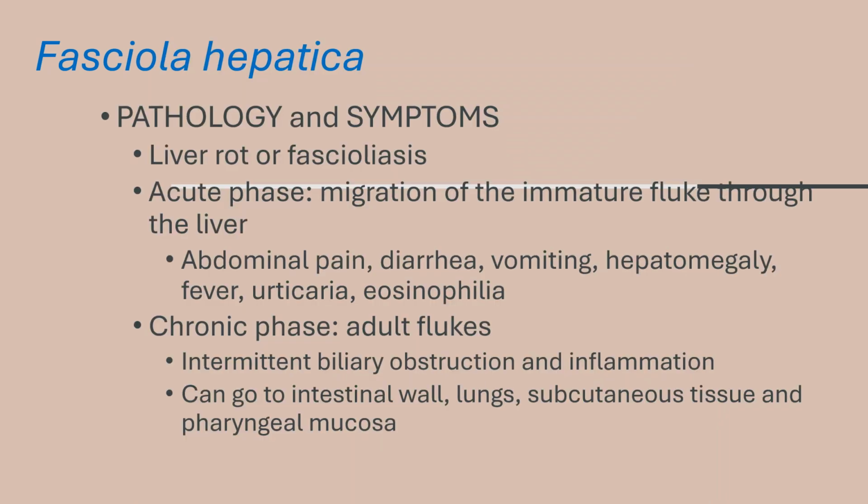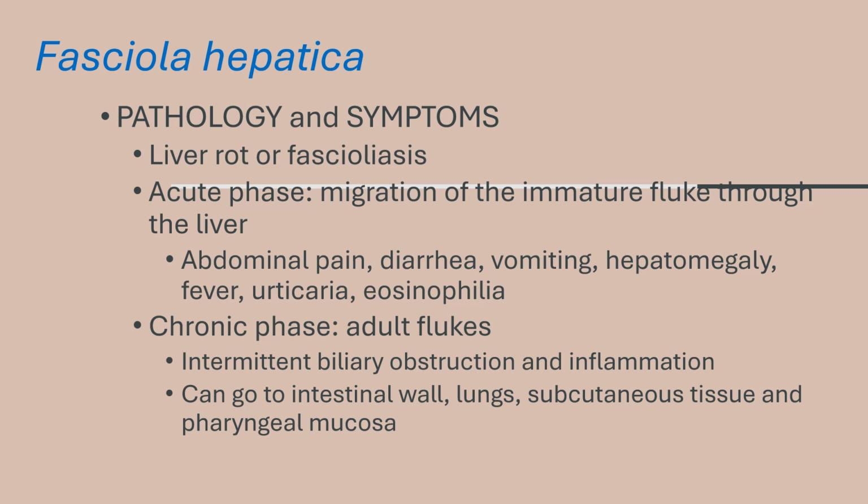As for the pathology and symptoms, please note that Fasciola hepatica, or the temperate liver fluke, causes liver rot or fascioliasis. The patient's symptoms reflect the phases of the infection as well as the number of parasites present in the host.